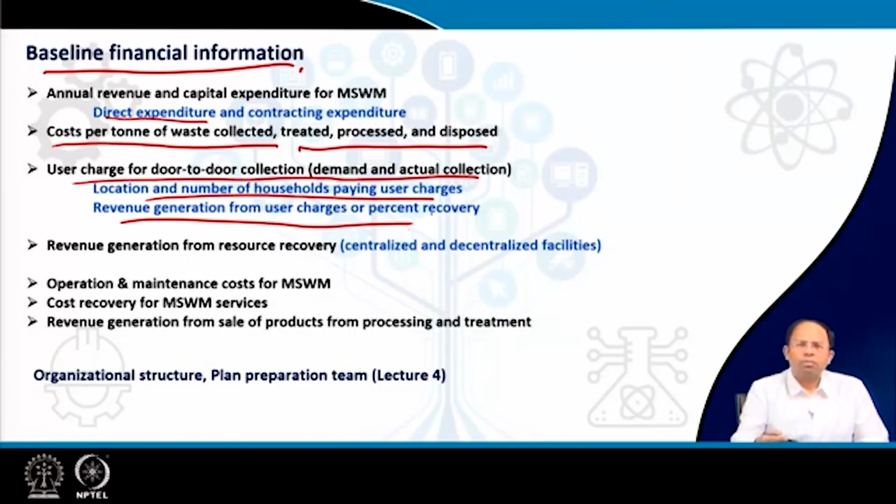That means if I do some amount of recycling at decentralized level, some amount of revenue could be generated, and what percentage of the total can be recovered. And similarly, revenue generation from user charges, what percentage of overall revenue user charges contribute. So these are the different things that need to be understood.